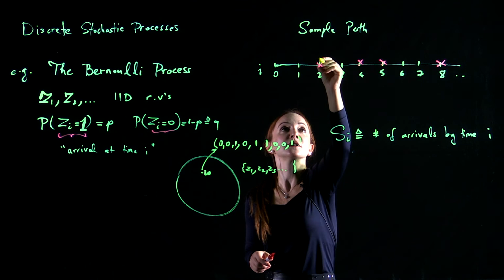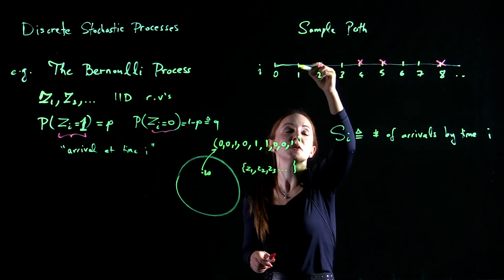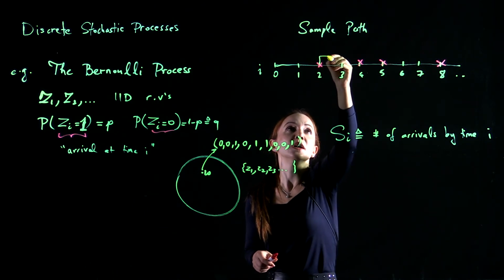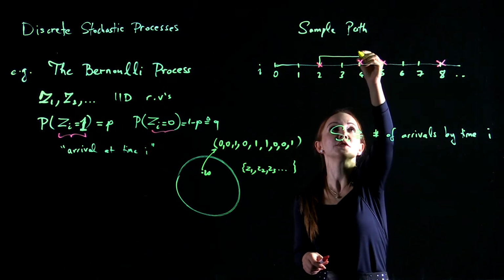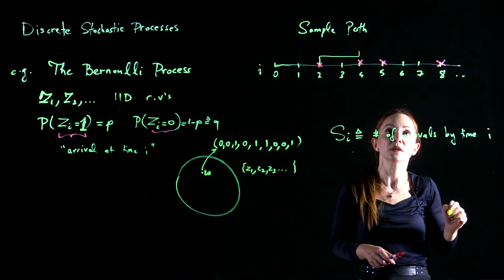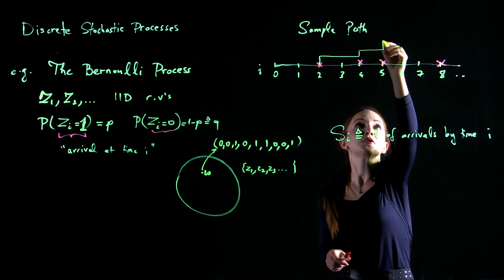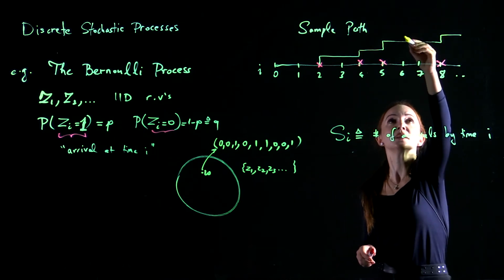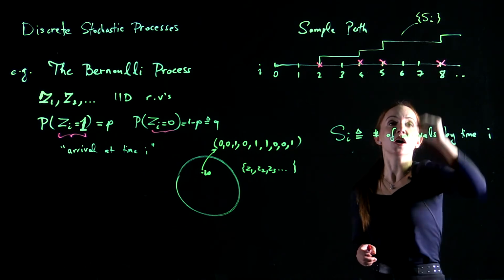So basically, S0 is 0, S1 is 0, S2 is 1, and stays at 1. It increases by 1 at 4, increases again at 5, and increases again at 8. So this is the process Si.